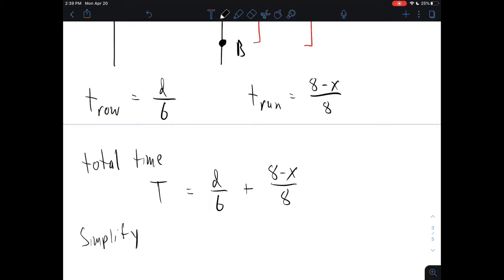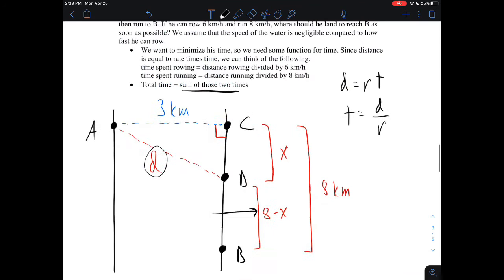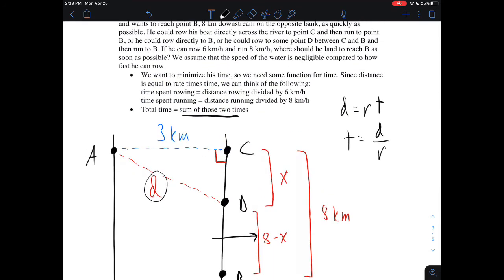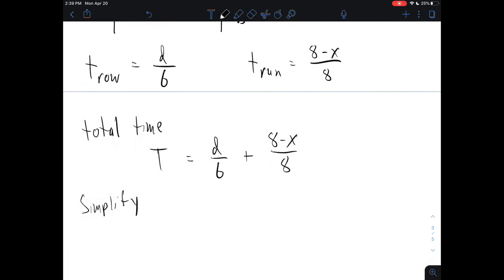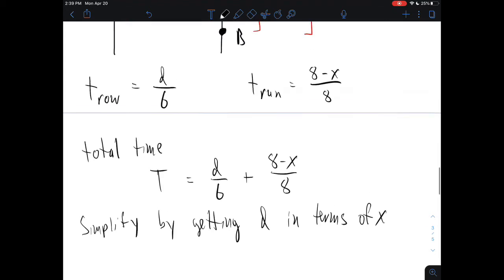I'm going to go back to my triangle that I had up there, and I'm going to notice that it relates d and x together. And so I'm going to use that triangle to get d in terms of x. So I'm going to simplify by getting d in terms of x. So how would I do that?